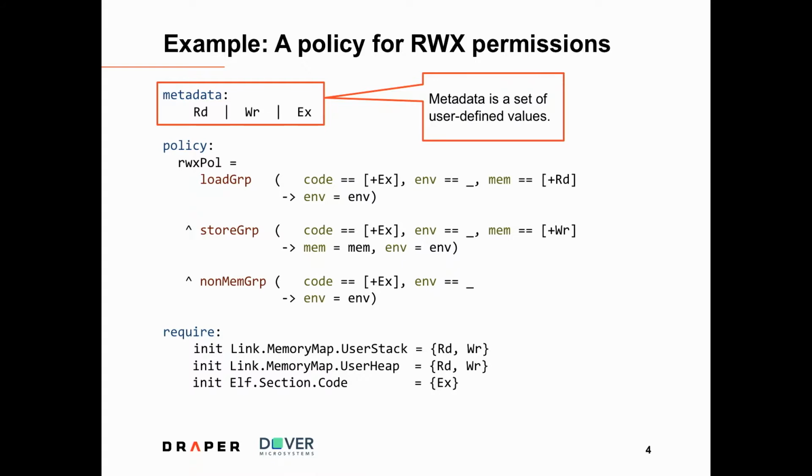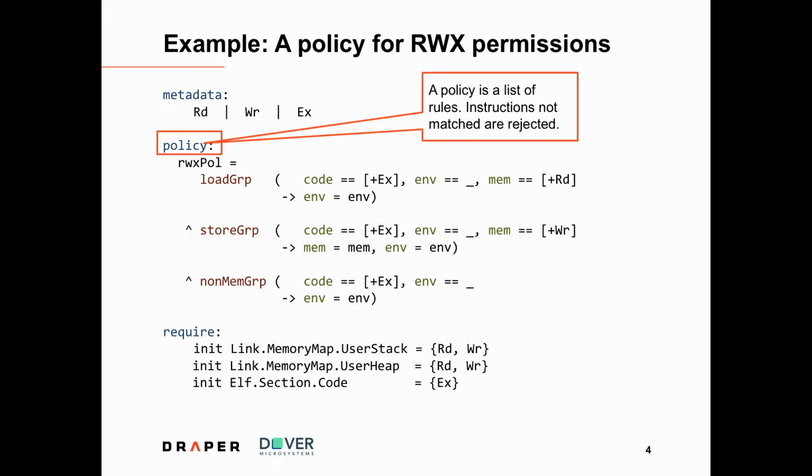It'll be some subset of these three possibilities. Then we have a section here that describes the policy itself, and the policy is always a sequence of rules, and these rules are checked in order, and each rule can either allow or disallow an instruction or a class of instructions, and every instruction has to be explicitly allowed by one of the rules to be allowed by our policy.